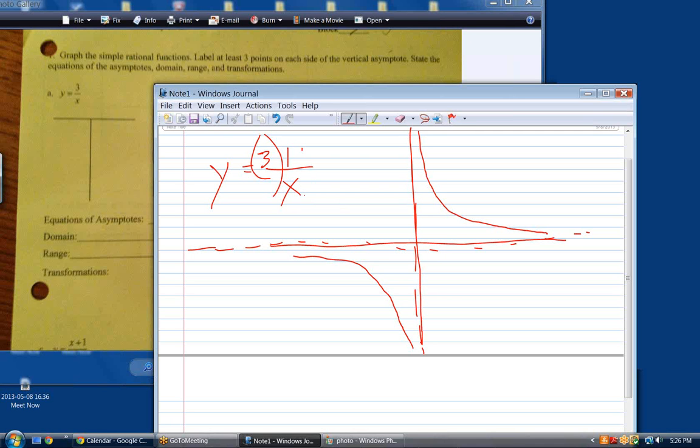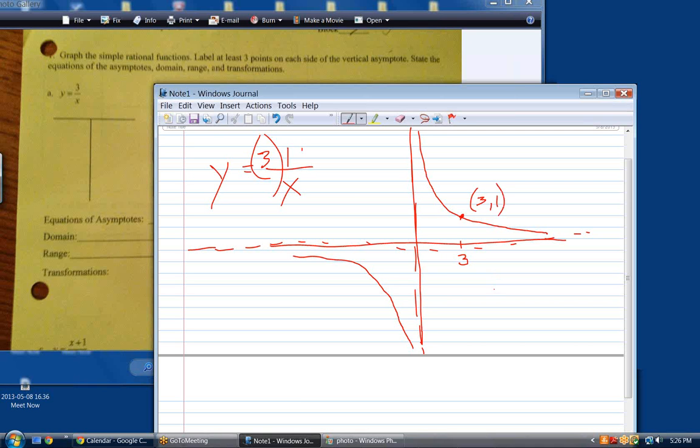In other words, when x is equal to 3, y is equal to what? When x is equal to 3, y is equal to 1. So this point right there is (3, 1). Give me another point.